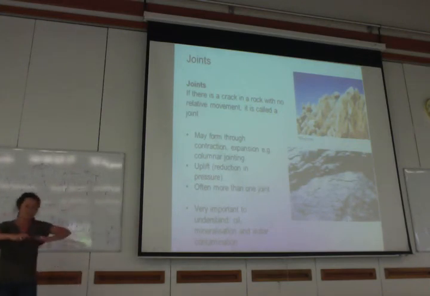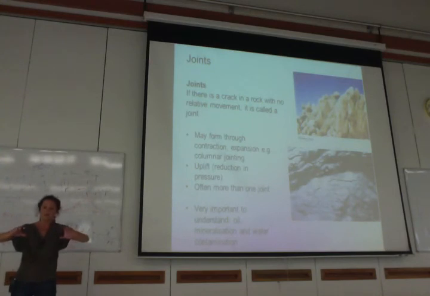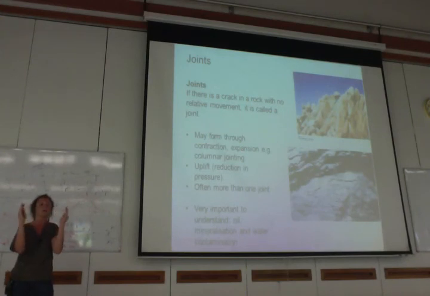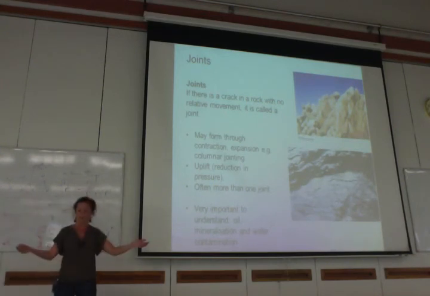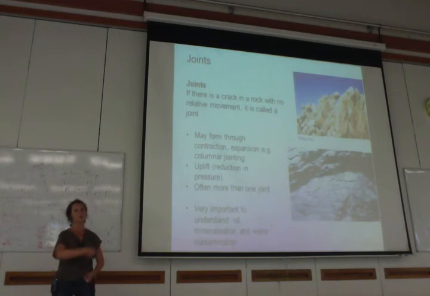But actually, just if you bury a sedimentary layer and you uplift it, so you're reducing the pressure, you can actually form cracks that way because it's allowed to expand as you reduce the confining pressure. So they're called expansion joints. You can also form joints if you have a lava flow and it cools and contracts to produce fractures. We saw columnar jointing in the field.